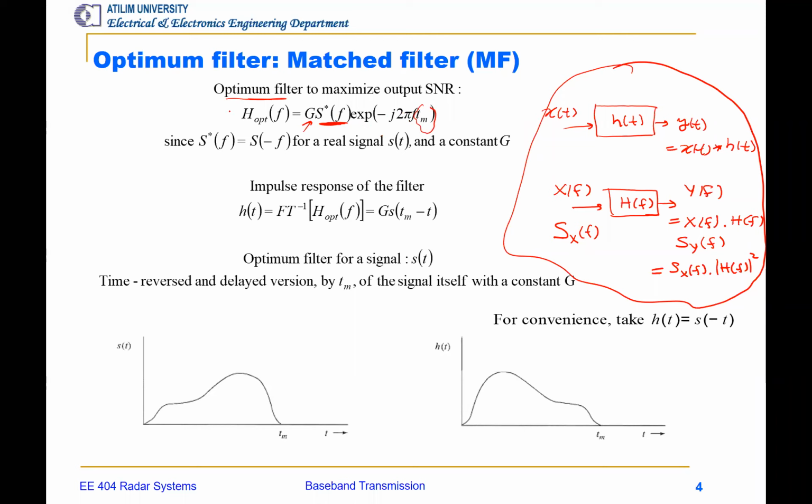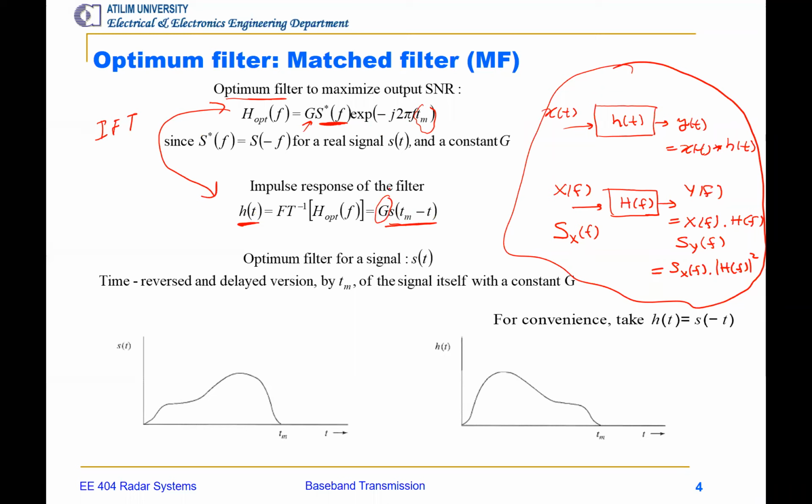Okay, if we take the inverse Fourier transformation of this, we see that the impulse response is simply the shifted version, delayed version, inversely delayed version of the transmitted signal times a constant G.